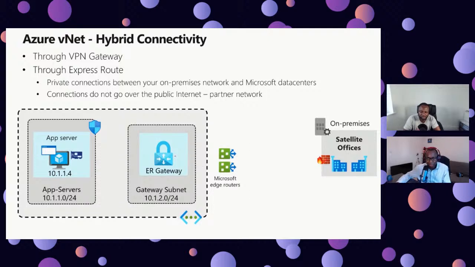This ExpressRoute will have connections to the Microsoft Edge routers, and there will not be just one. This is redundant communication. There are going to be multiple instances of this gateway making redundant communication with the Microsoft Edge routers. Now on your customer side, you have to speak to your ISP.